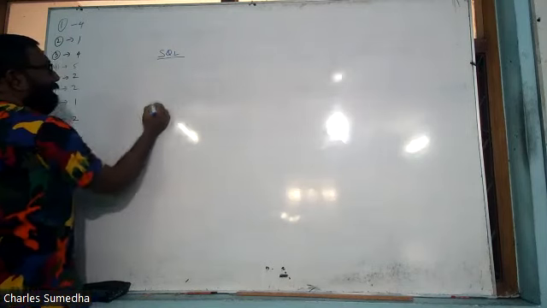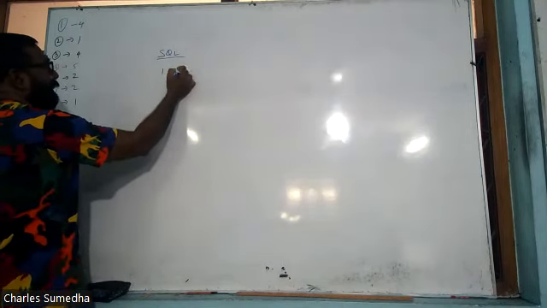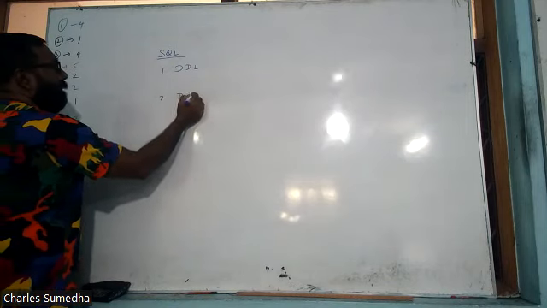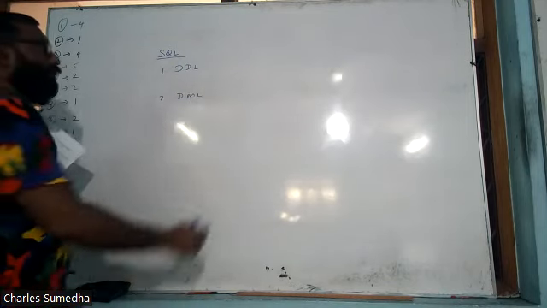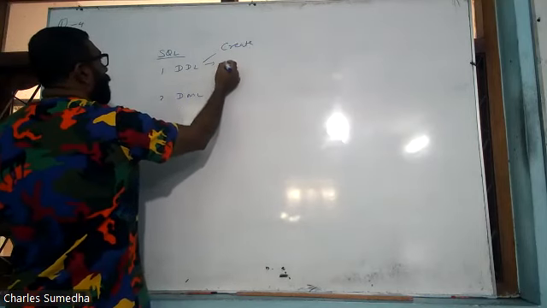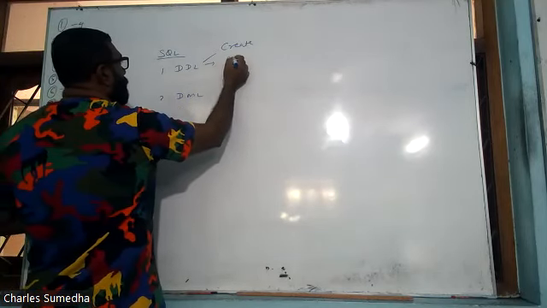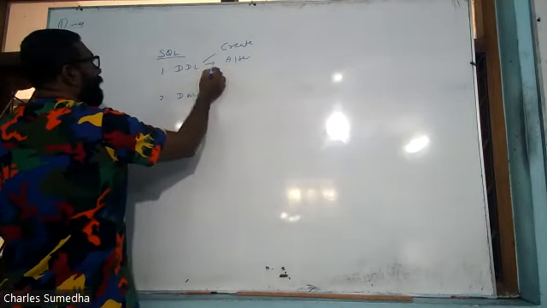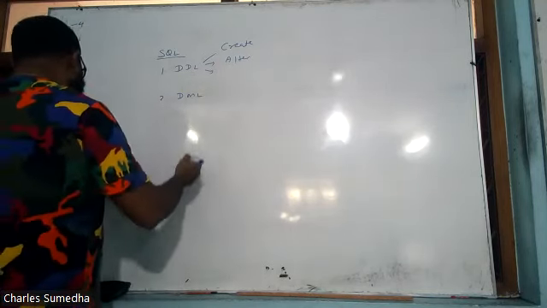we have discussed two different things: DDL, data definition language, and DML, data manipulation language. So here we have discussed the create command, then the alter command. So what else?